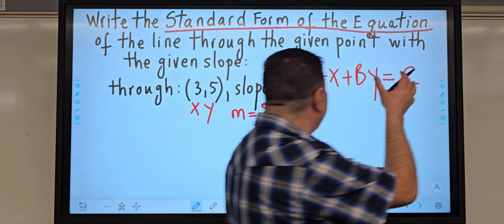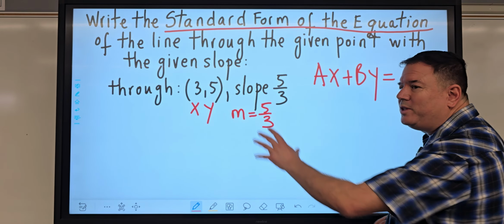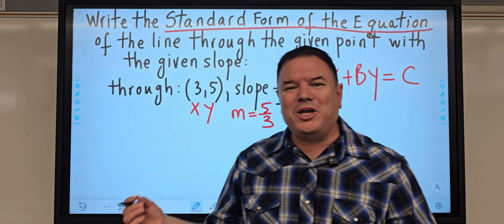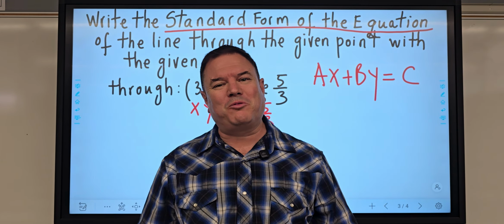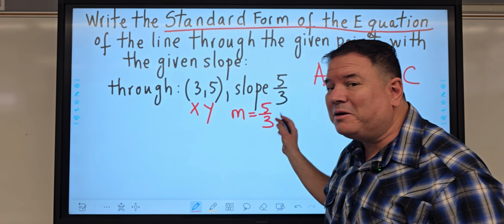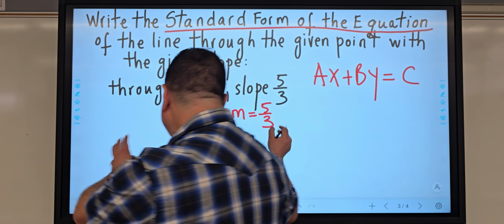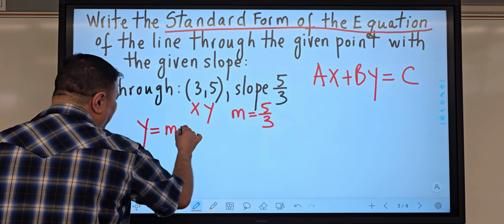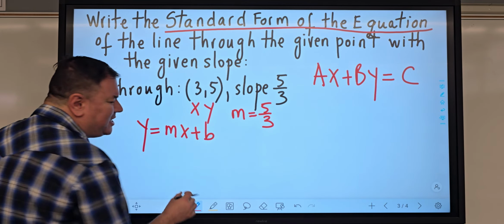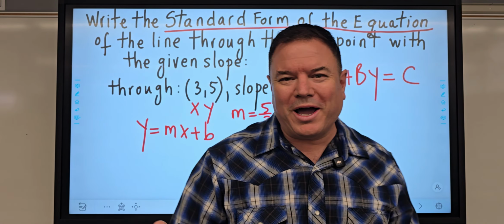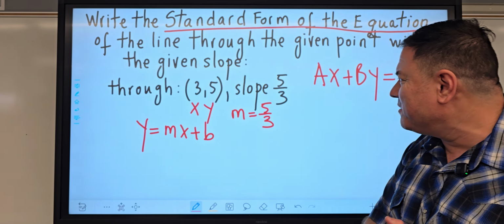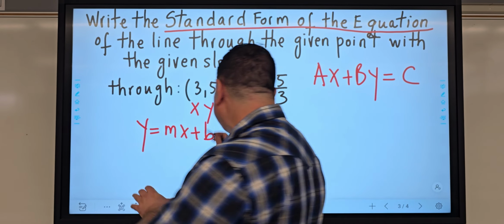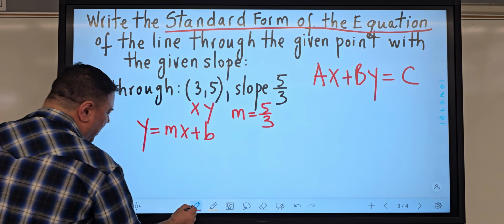In order for us to get the standard form, first we need to get the equation into y equals mx plus b form, and we need to find b first. To do that, we write our equation, y equals mx plus b, slope-intercept form. Now, instead of y, we plug in the 5.